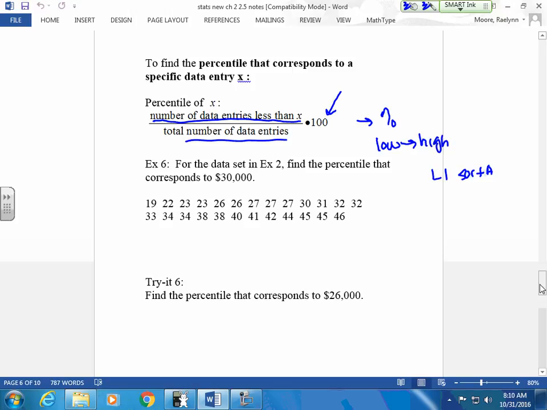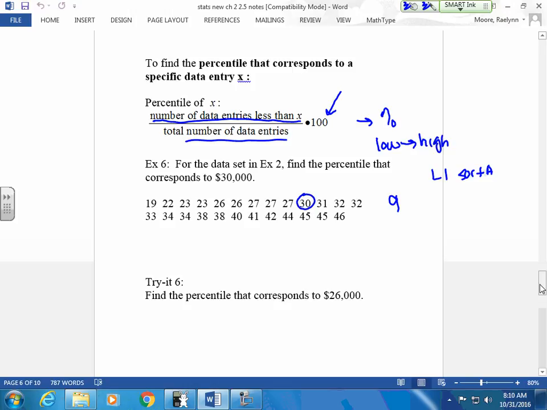Now, these were written in thousands. Here's my 30,000. I'm going to count the number of entries that are less than 30,000. 1, 2, 3, 4, 5, 6, 7, 8, 9. 9 entries less than 30,000.